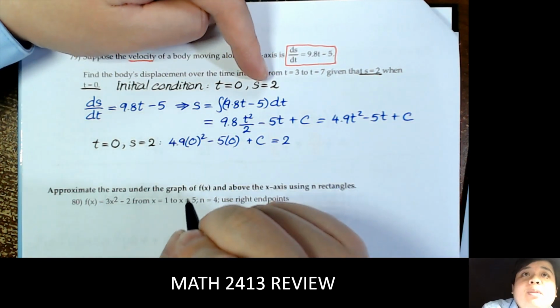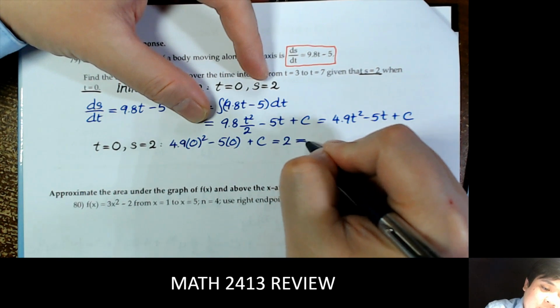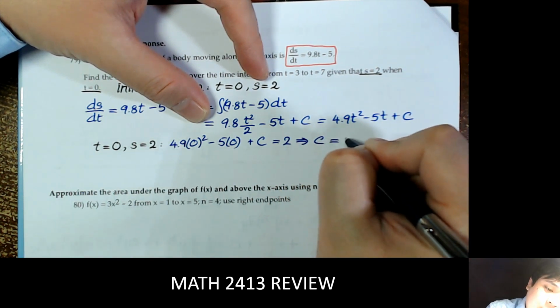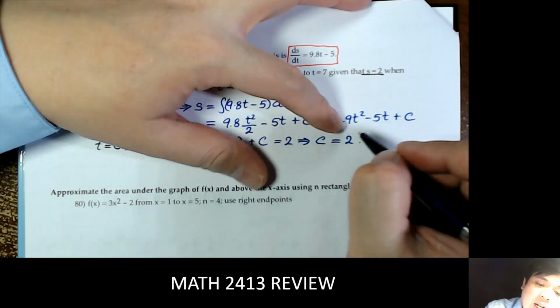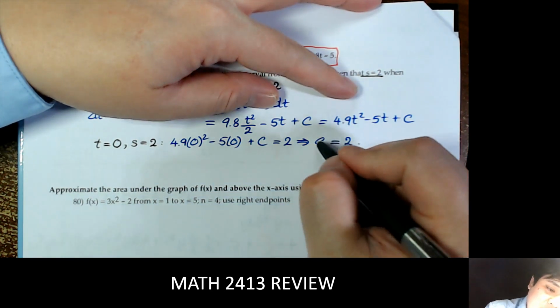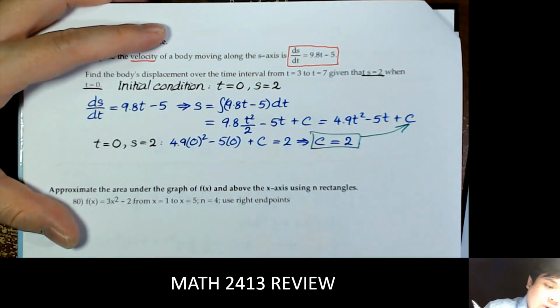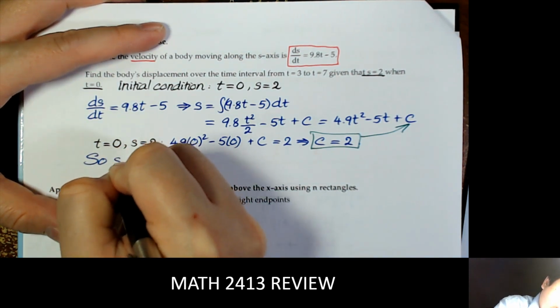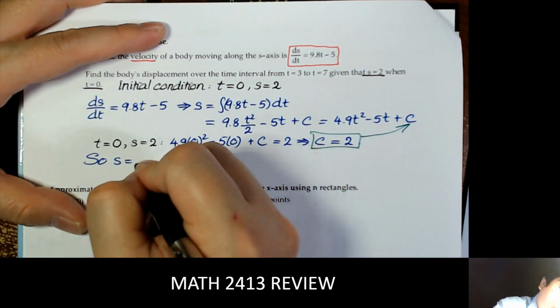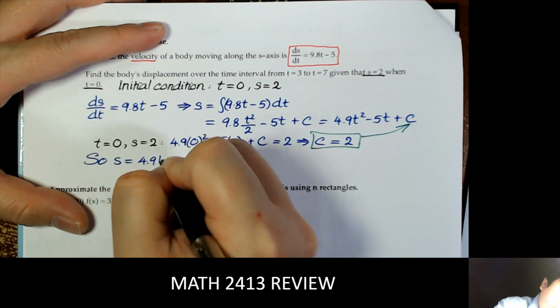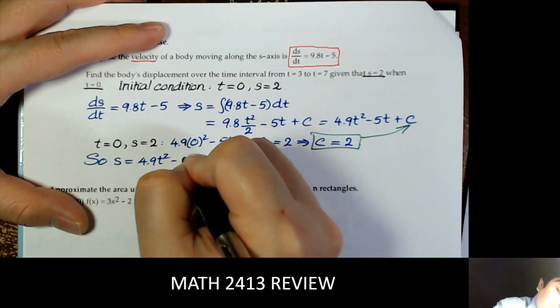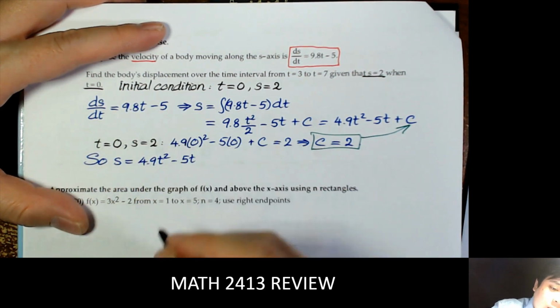Right, so from here obviously c is equal to 2, and we substitute that into this c. So we have s equal to 4.9t squared minus 5t plus 2.